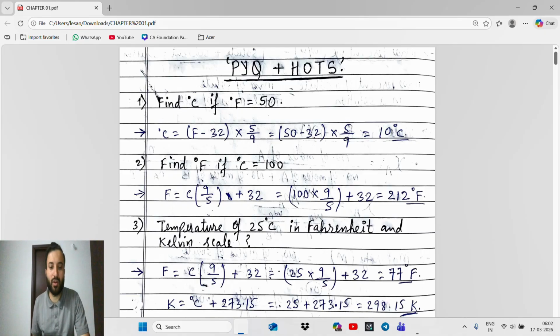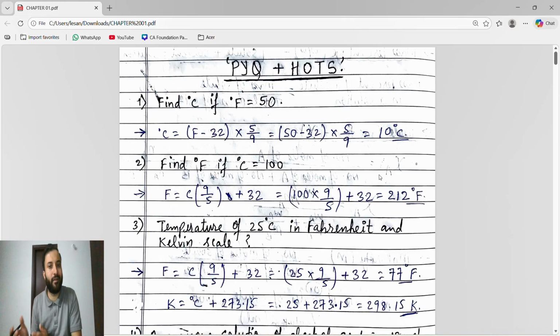Manual calculation means the calculation will not be so lengthy. It is normal calculation, like what you already did in class 7th, 8th, 9th. Okay, so chalo, we'll start.